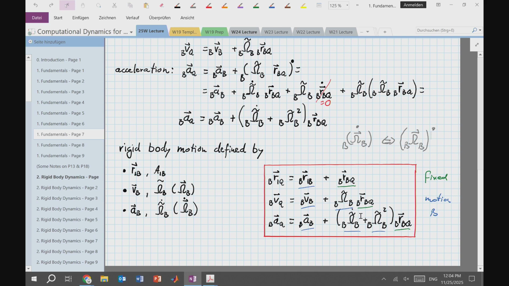We discussed this in one of the previous homework examples. But this is already what you get if you have 2 points on the same body. And of course, that's what you have if you have a joint. Somehow there's a distance, and the predecessor is rotating, and that gives us an acceleration.